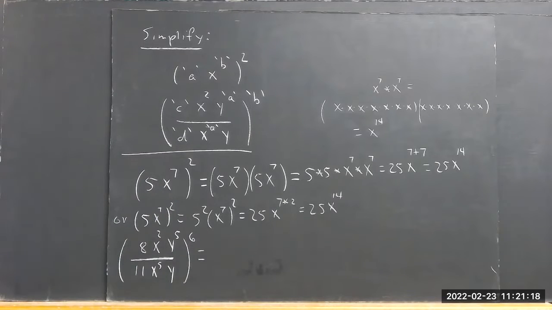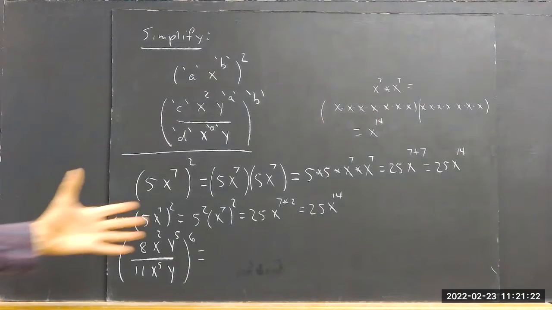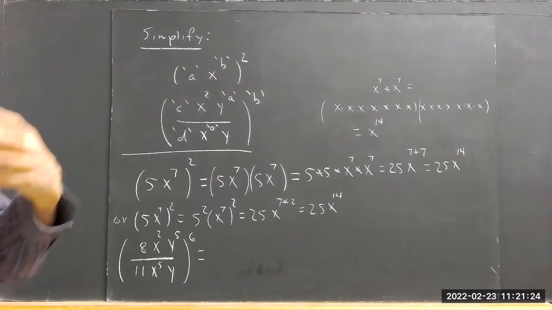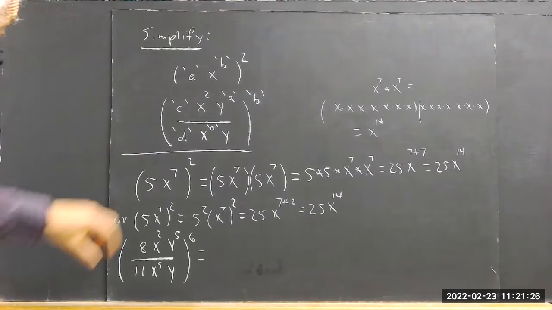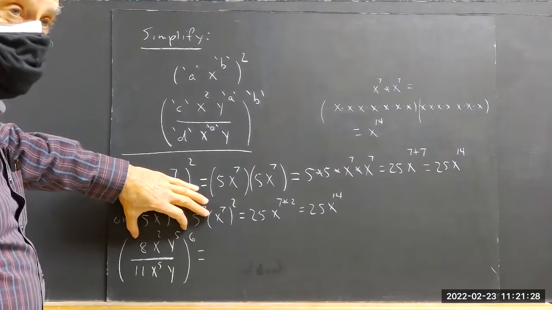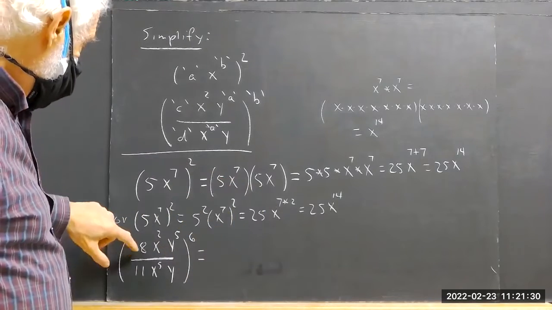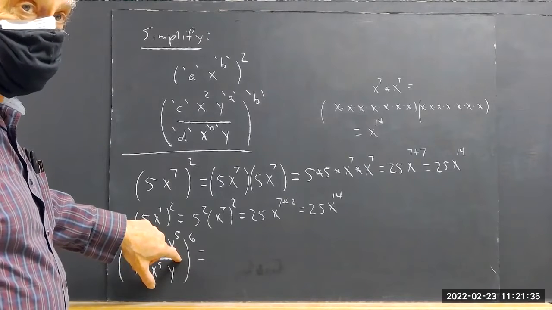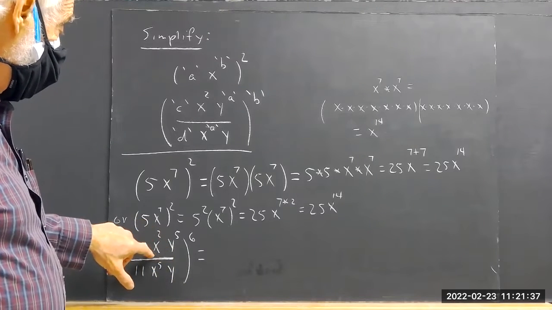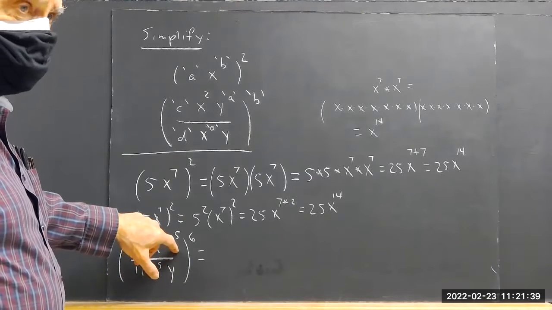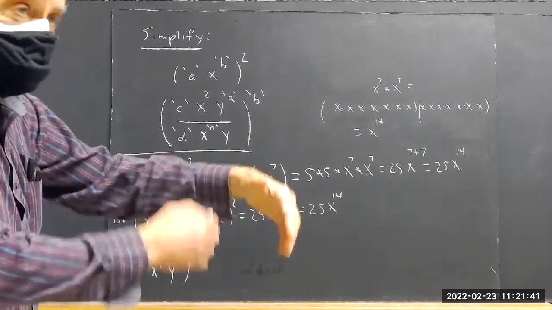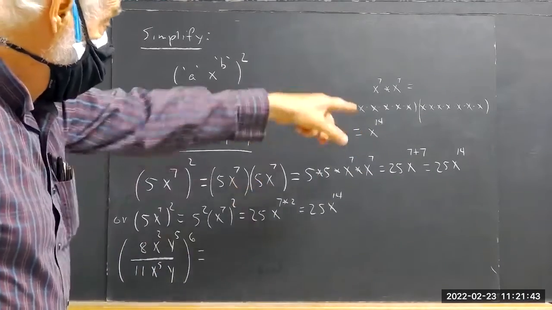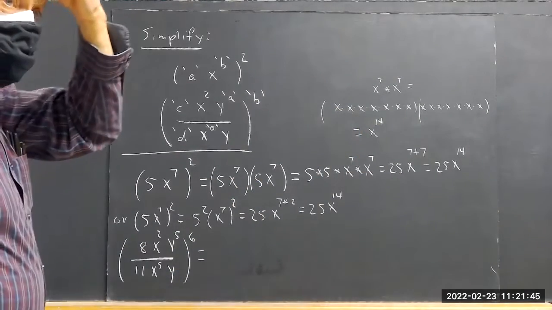Those numbers come out. Well, I'm not going to write all this out, but you kind of want to visualize. You're going to have 6 of these, which is going to give you 6 8s and 6 x squared and 6 y to the 5th, right? And by 6 y to the 5th, let's say, that means again 5 y's 6 times. Writing it out like this, you can visualize that.